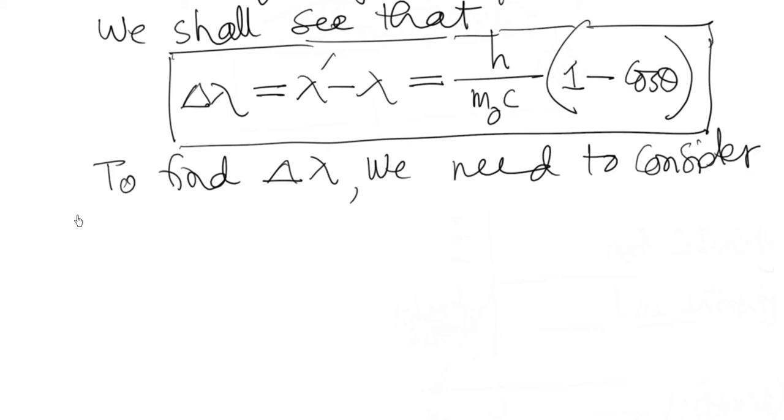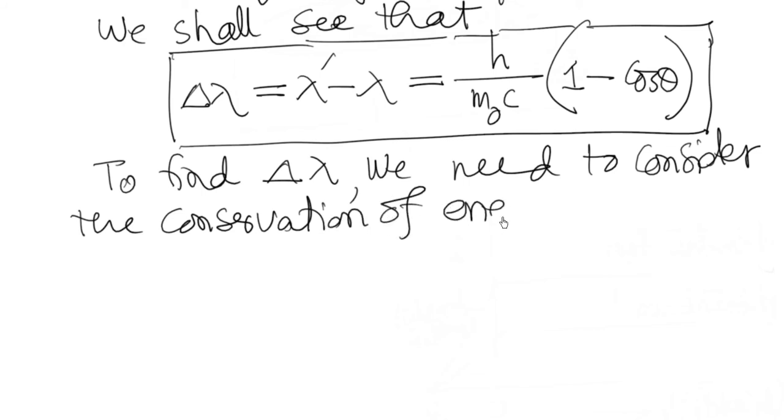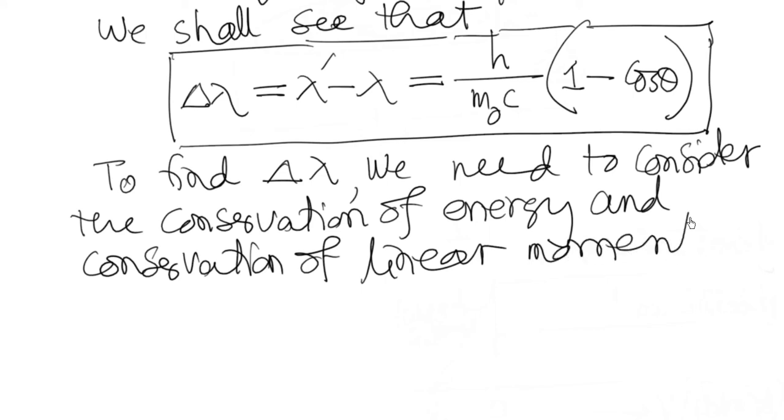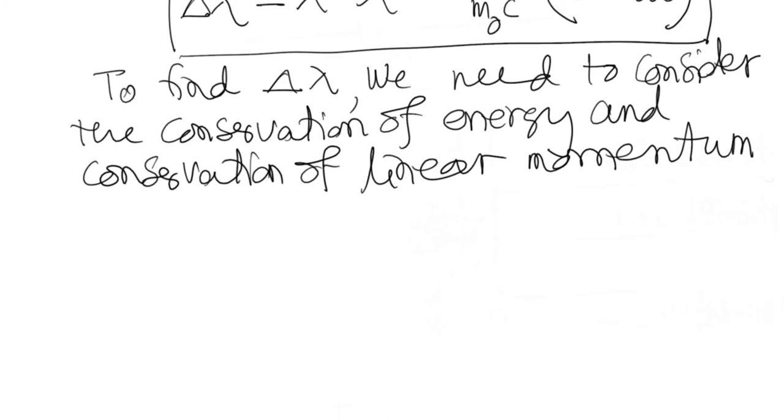We have a system consisting of two particles. One is the actual particle, the electron, and the other is the virtual particle, the photon.